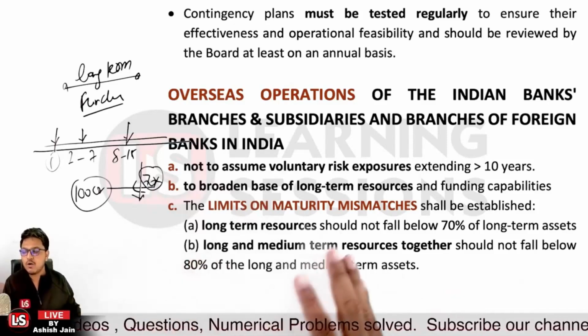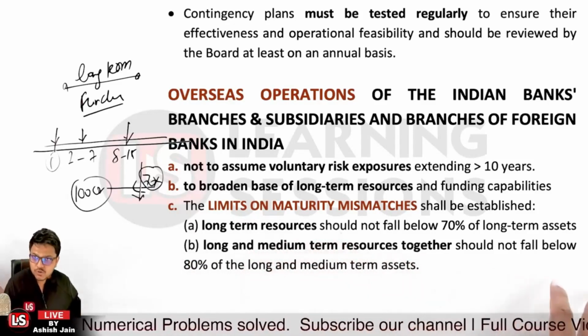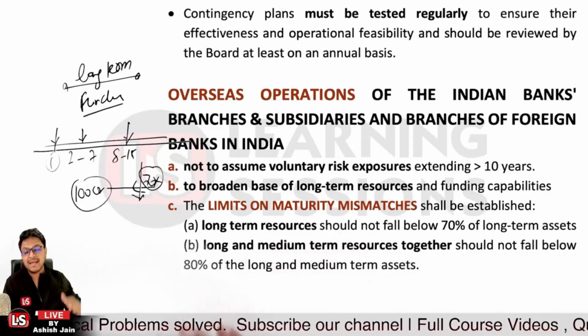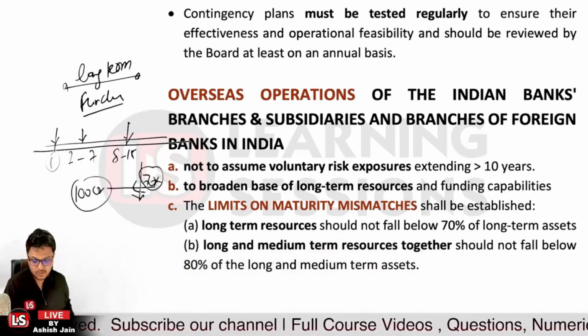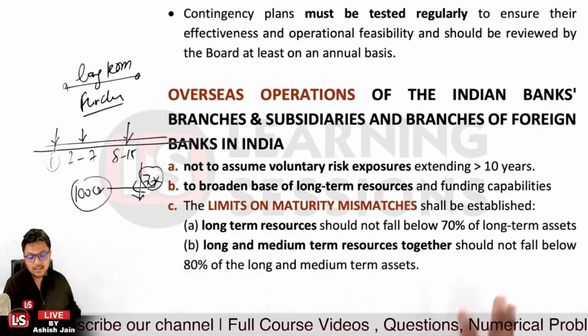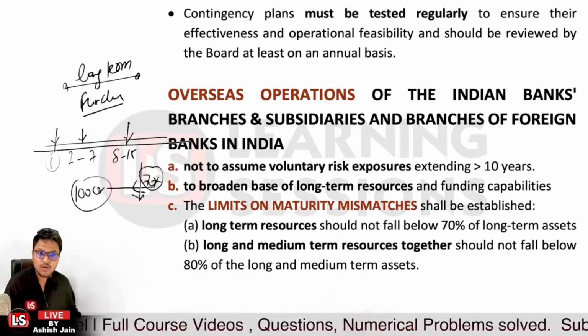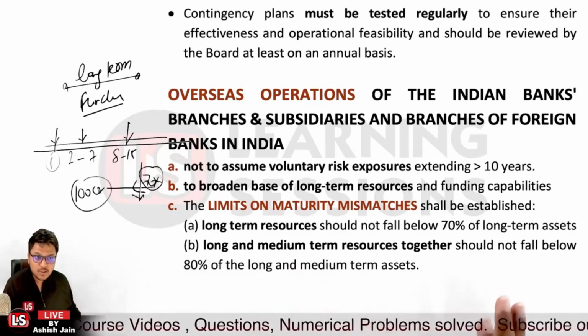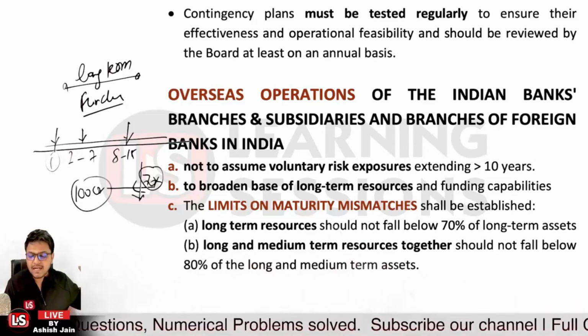And also for the long and medium-term resources together, they should not fall below 80% of the aggregate of long and medium-term assets. So for long-term assets, it is 70% for the long-term sources, and for the long-term and medium-term resources together, they should not fall below 80% of the long-term and medium-term assets.